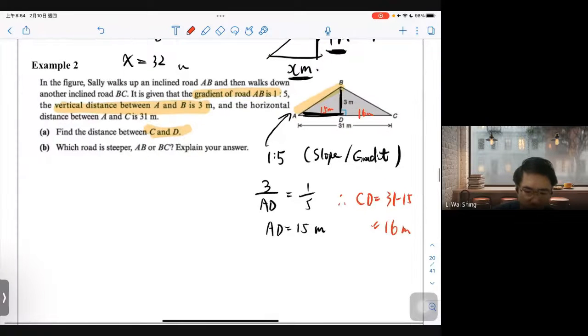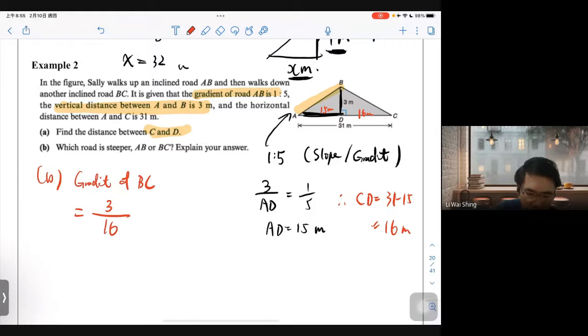All right. Part B, which one is steeper? So you find the slope. Not difficult. So, gradient of BC, vertical distance over horizontal distance, 3 to 16.